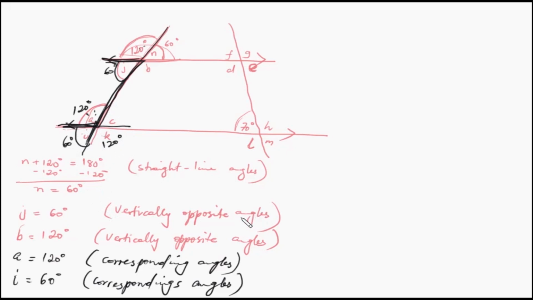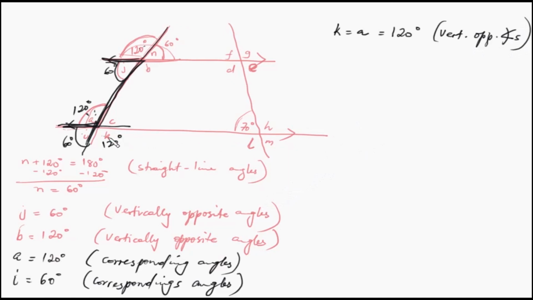So you will say K equals A equals 120 degrees, reason: vertically opposite angles. Is that clear?